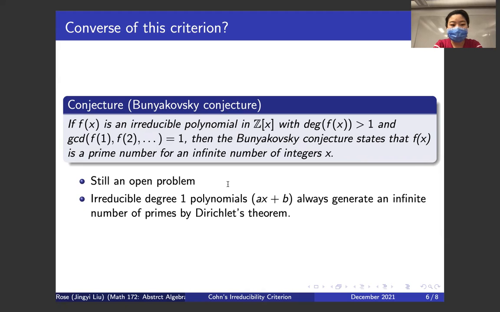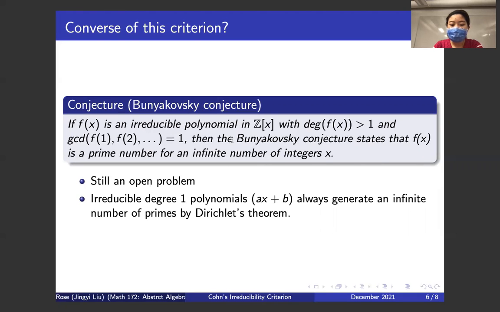So there's a conjecture that says if f(x) is an irreducible polynomial in the polynomial ring over Z with degree greater than 1, and the greatest common divisor of f(1), f(2), etc. is 1, then this conjecture states that f(x) is a prime number for an infinite number of integers x. So this conjecture tells us something about if we know an irreducible polynomial, then we can find an infinite number of primes, which is pretty interesting.